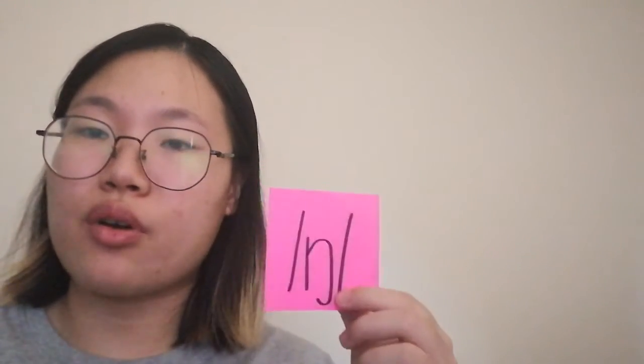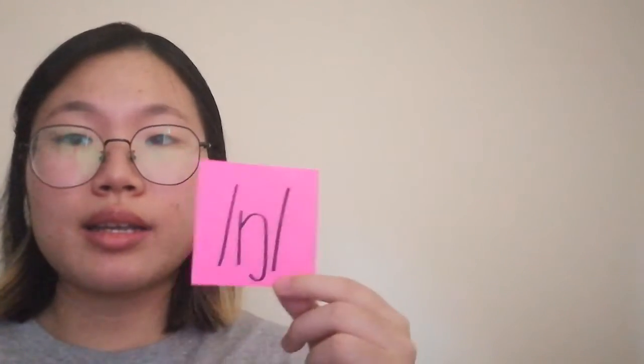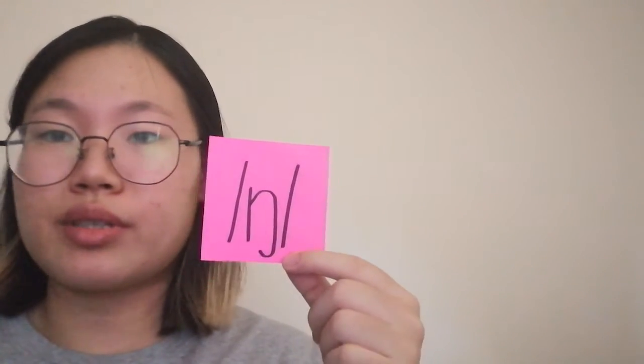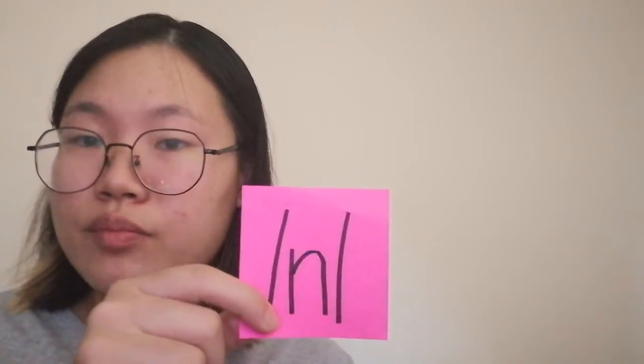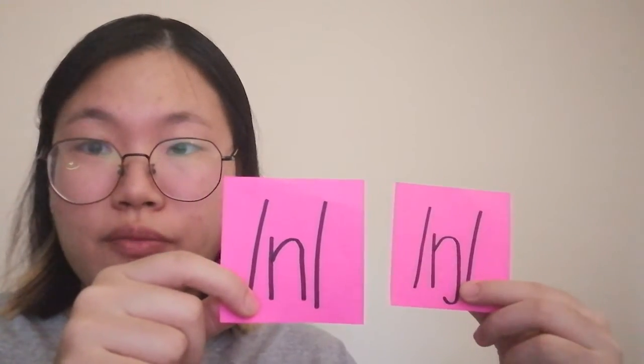Like I said, all nasals are voiced, so this is a voiced consonant. Its place of articulation is different: it is considered a velar sound. Even though you may not see the difference, let me explain the difference between the N and this sound, if you're confused.